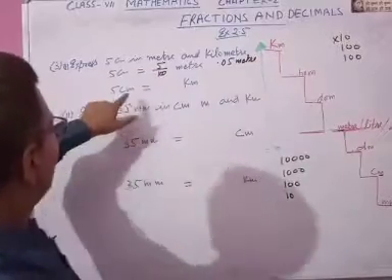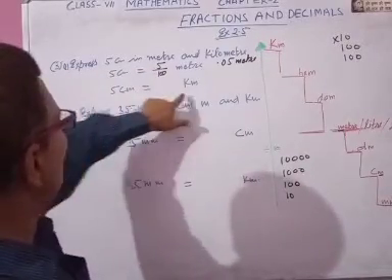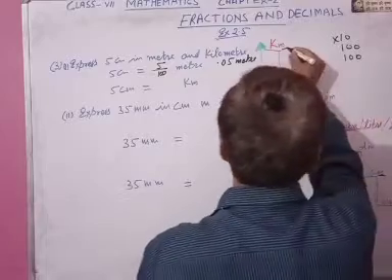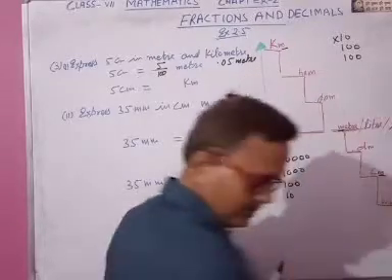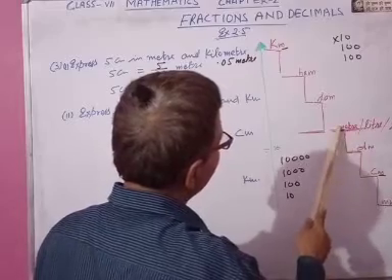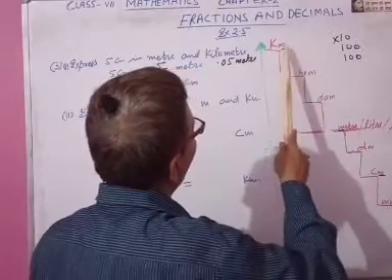Suppose we want to change centimeter into kilometer. Centimeter is this and kilometer is this. And how many steps? Count. 1 step, 2 step, 3 step, 4 step, 5 step.